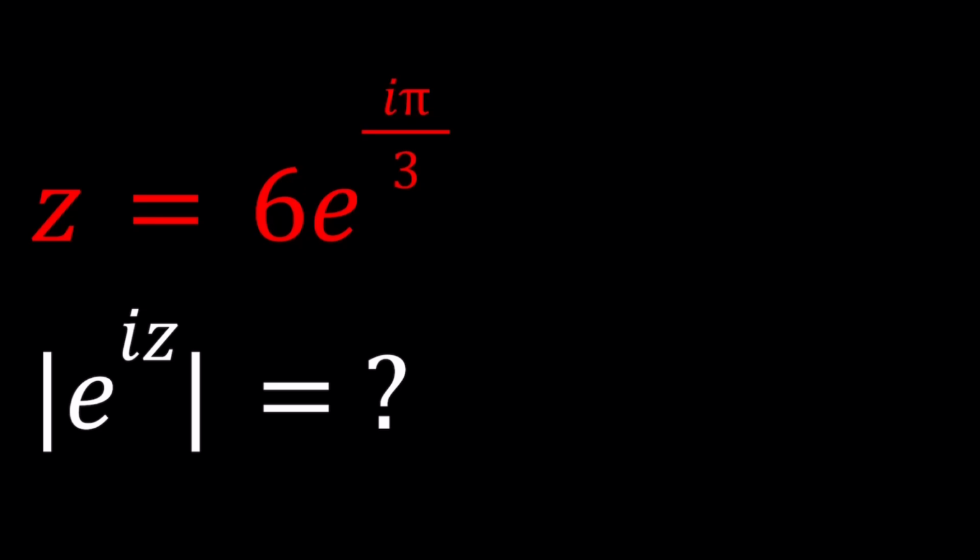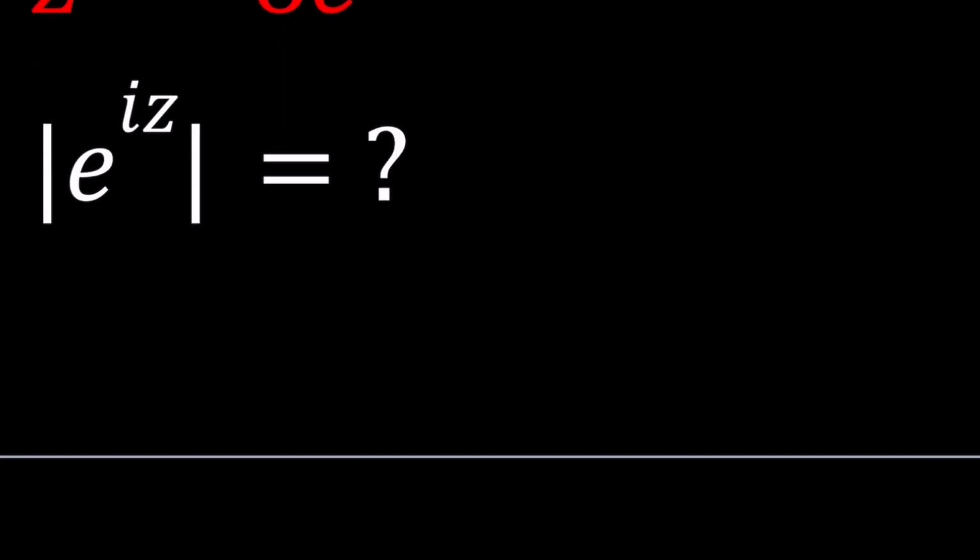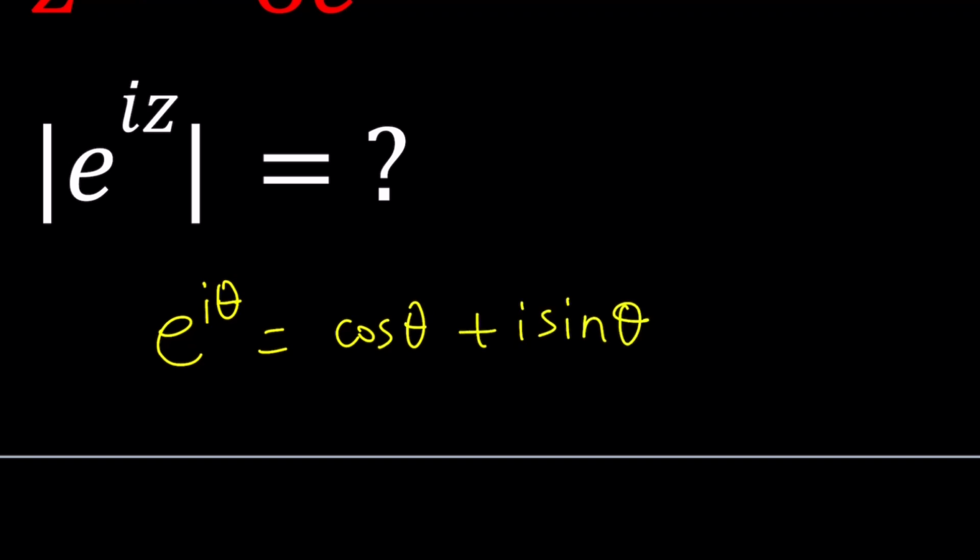If we had a real number instead of the z, a real number like, I don't know, theta, how about that? Any theta, any number will do, right? If you had something like e to the power i theta, by Euler's formula, this could be written as cosine theta plus i sine theta. And when you're trying to find the absolute value of this number, by definition, it's the square root of a squared plus b squared.